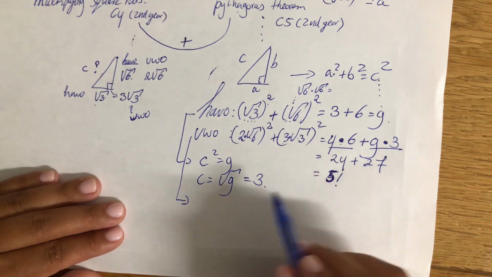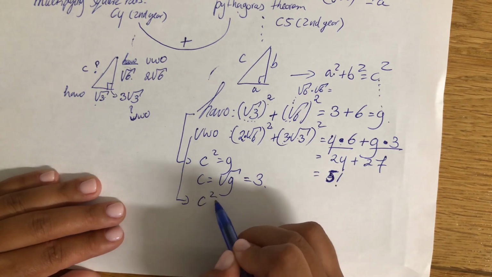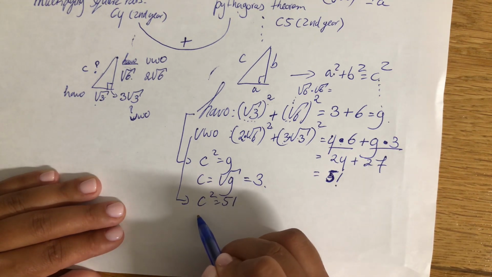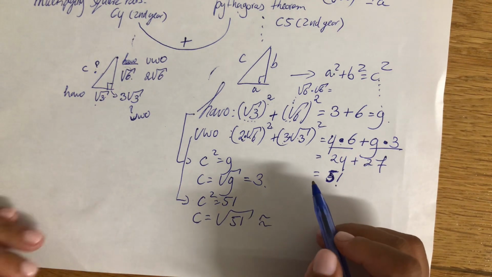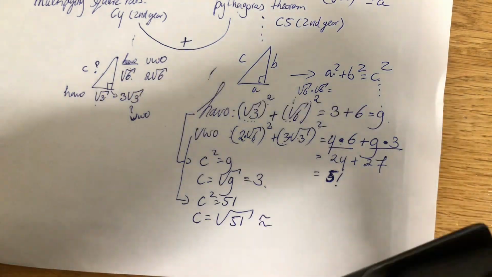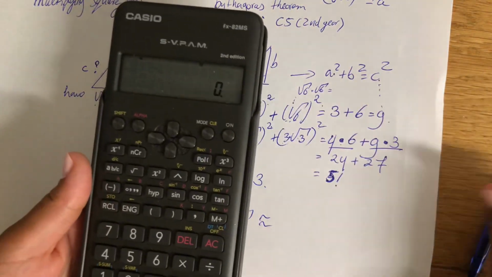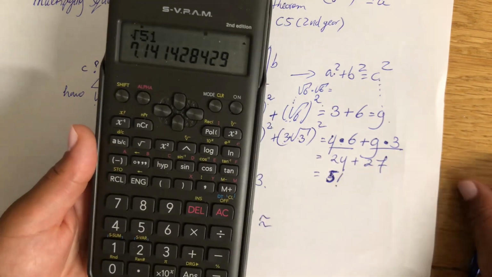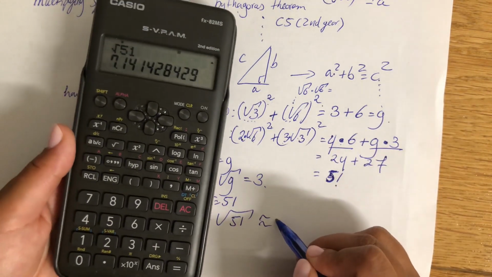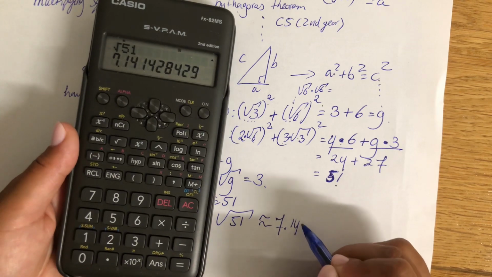51. So over here we get that c squared is 51, so c makes the square root of 51. Now, I don't know that one mentally, so I'm grabbing the calculator. The square root of 51 gives us about 7.1414.